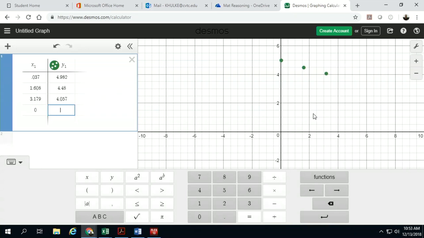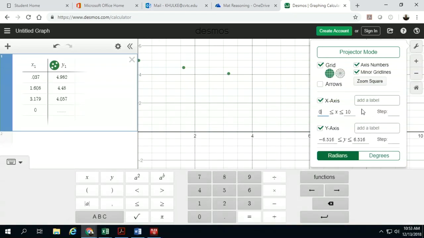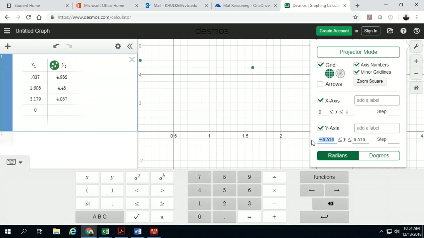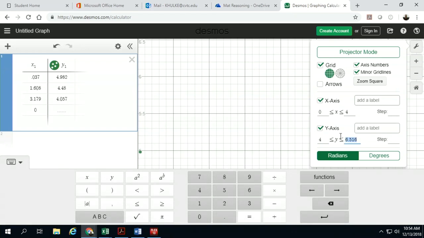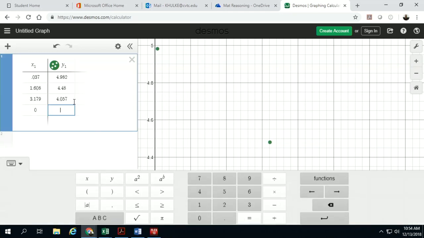Okay, so if I zoom in here from 0 to 4 along the x, and I zoom in from, let's say, 4 to 5 along the y, now I can see if I backtrack on these points on the test, it appears as though I'm going to be really close to 5.